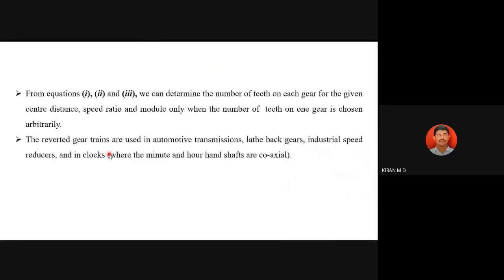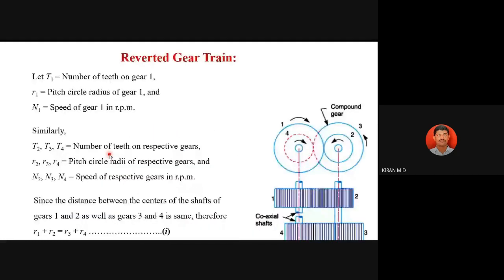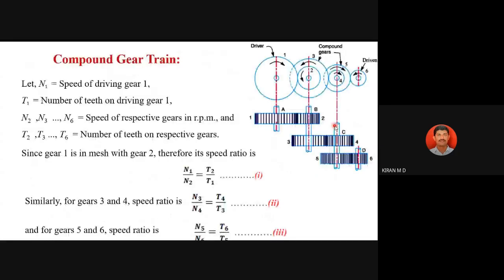Next type is the epicyclic gear train. Whatever we have discussed till now, have you observed that in all the cases the axes are fixed? Maybe they are coaxial or collinear, but the axis will not shift when rotating. Even in compound gears, the axes remain the same.